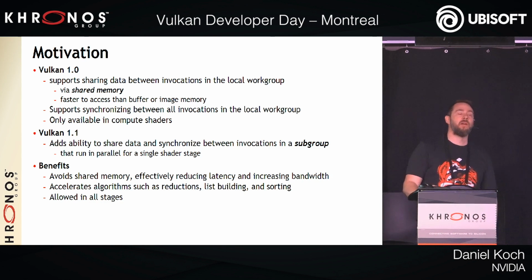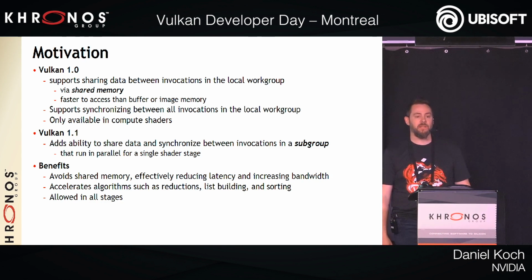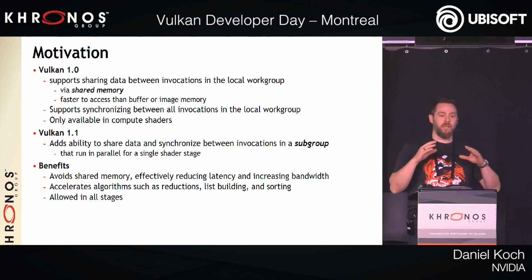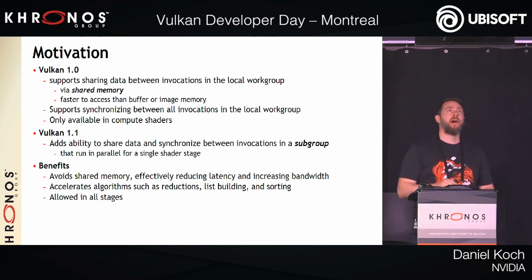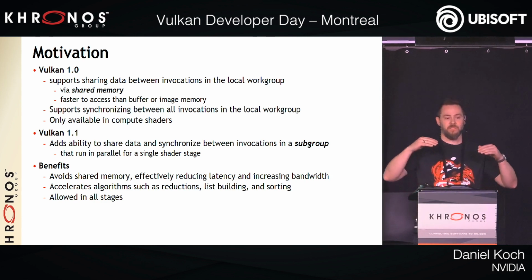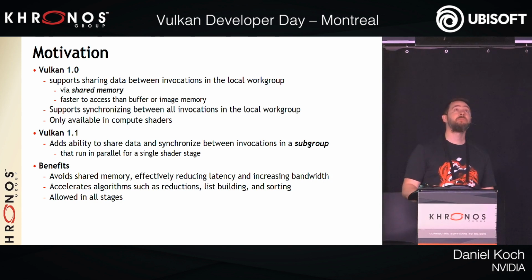With Vulkan 1.1, we've added the ability to synchronize within a new concept called a subgroup. You can share data directly between those invocations or threads, and synchronize between them, without having to synchronize all the threads in the workgroup. These are basically the ones that are running in parallel, typically a warp or a wave, or whatever your favorite terminology is.